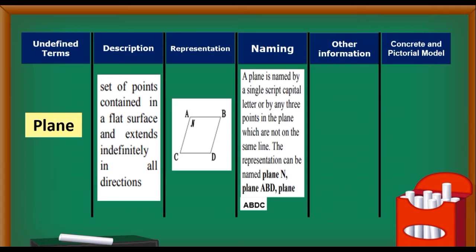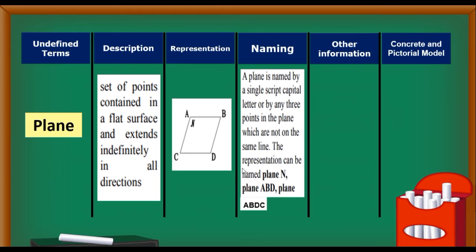Kapag naman line po, pwedeng 2 points, or pwede ring single letter. Dito naman po sa plane, isang capital script letter na nasa loob ng ating plane, or pwede rin naman po siyang 3 capital letters na hindi daw dapat na nasa iisang line.